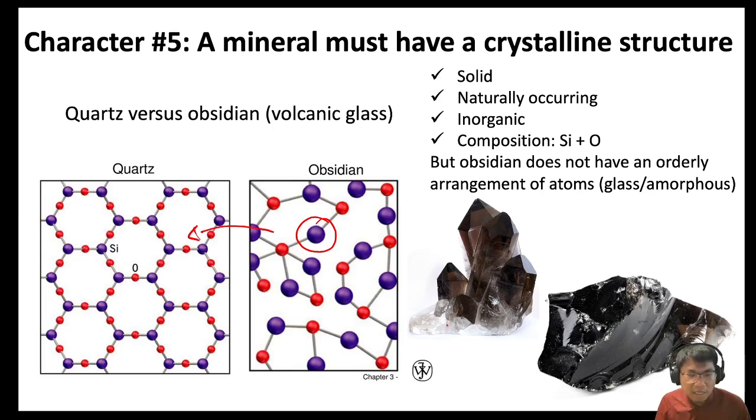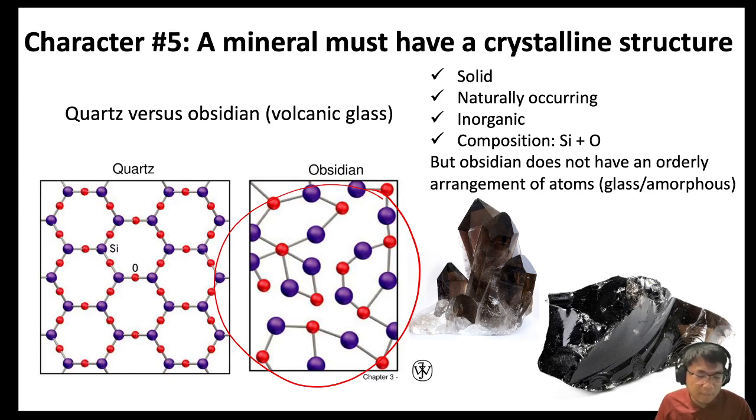In fact, the pattern that you see here within obsidian actually represents kind of like a liquid material. So that's the unique part about obsidian, because obsidian has an arrangement of atoms that looks like liquid, but in fact it's actually solid.